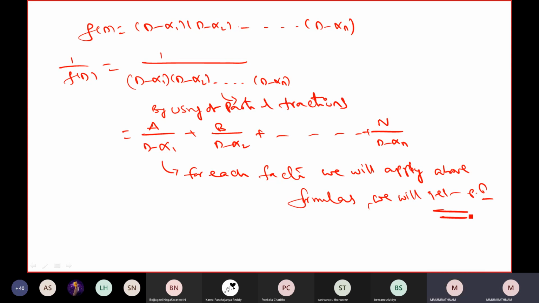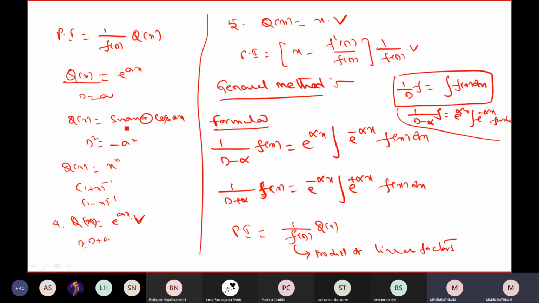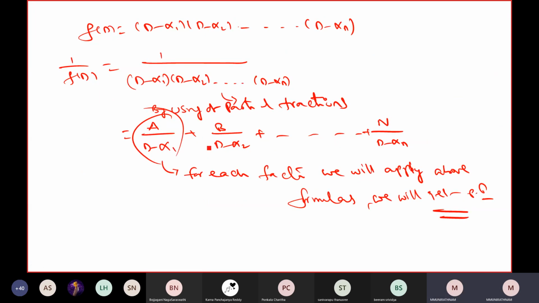For each case we apply this formula and get the value, and by adding all of them together we get our particular integral. That's how we go in this method. Any doubts?